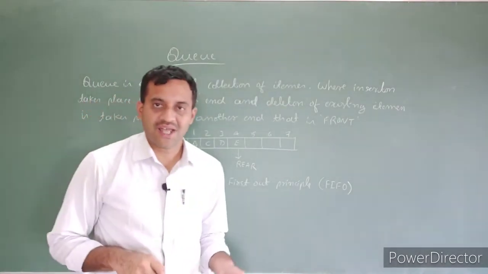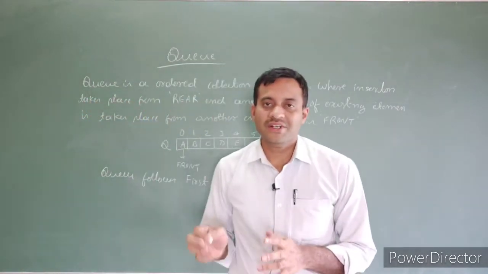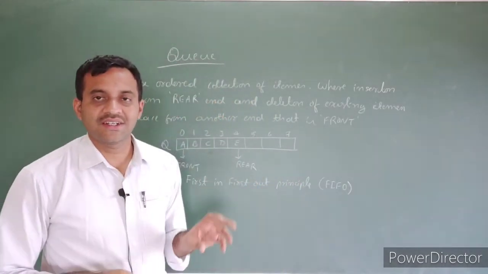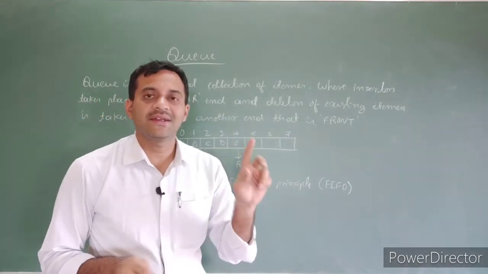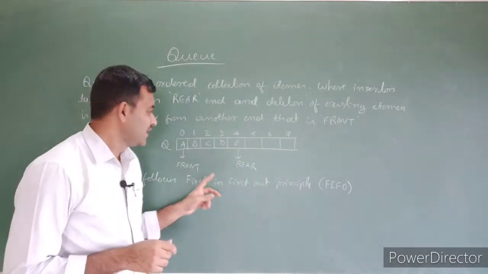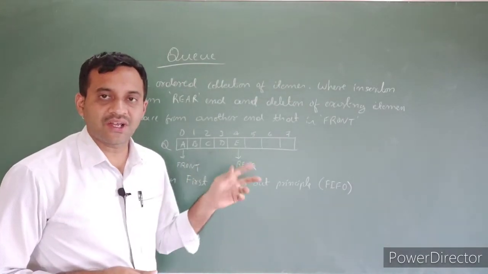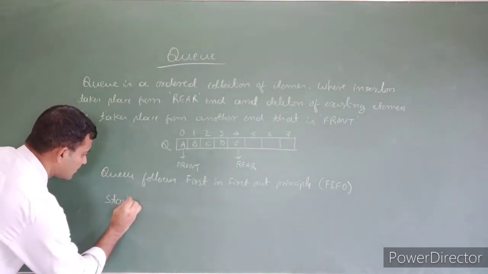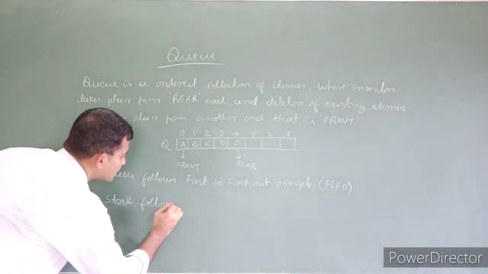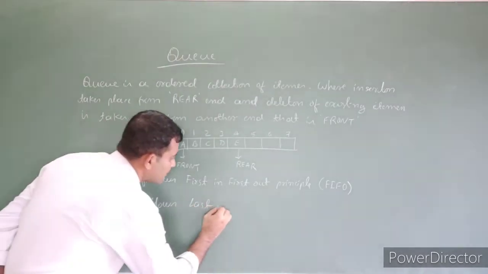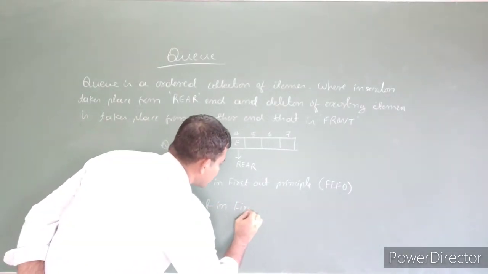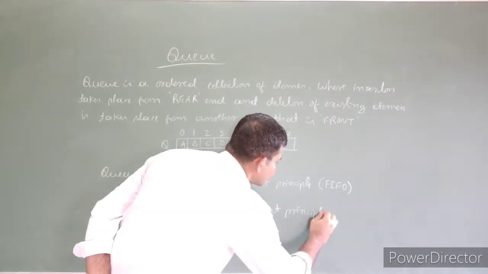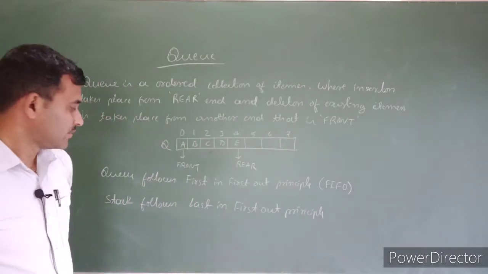Then what is the difference between stack and Queue? Stack is also a data structure, Queue is also a data structure. But in a stack, insertion and deletion takes place from the same end, that end is called top. But in a Queue, insertion and deletion takes place from different ends. So stack follows last in, first out principle.